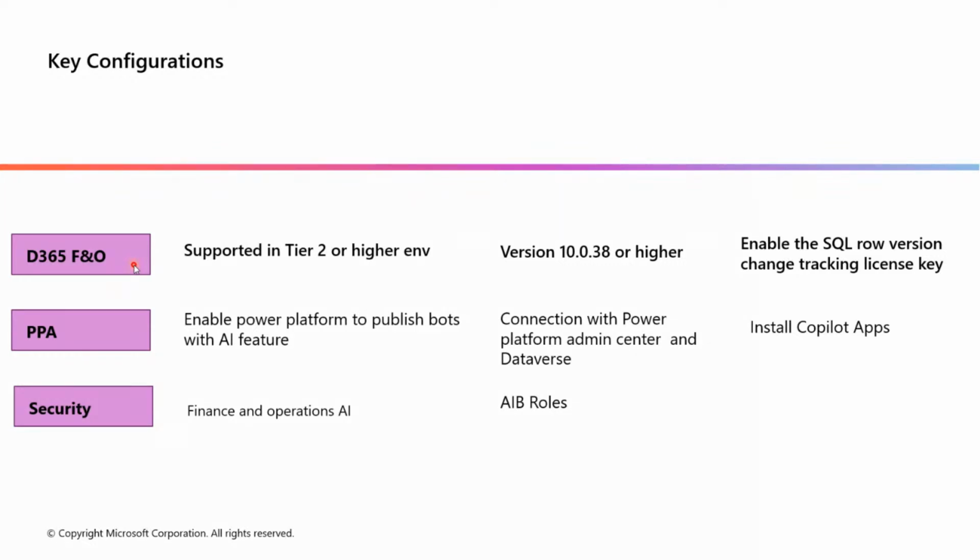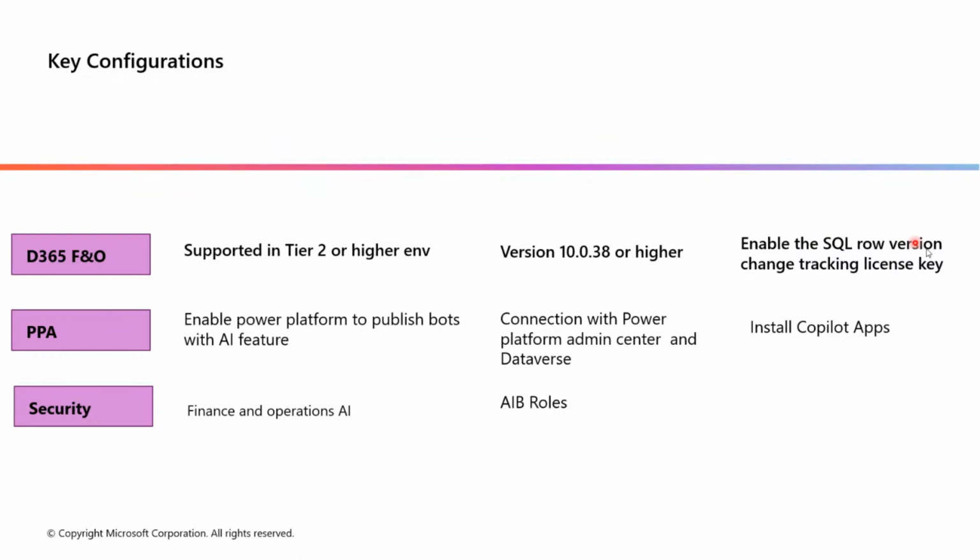So first thing is there are prerequisites that all these capabilities are supported within the tier 2 box or the higher of Dynamics 365. You should have version 10.0.38 or the higher. From the version 10.0.40, if I remember correctly, these particular features are going to be enabled by default.